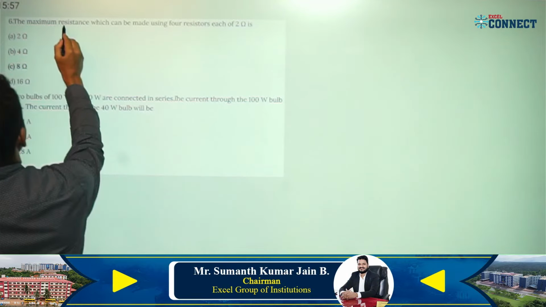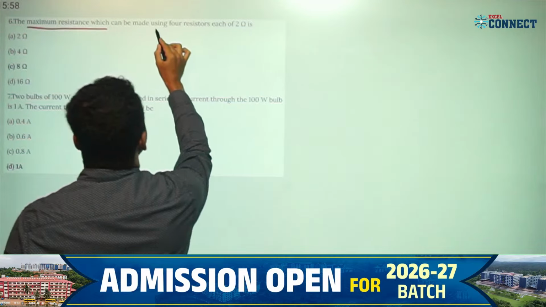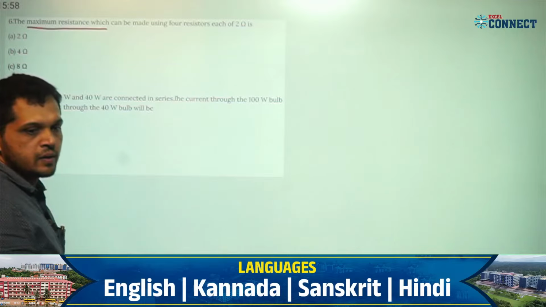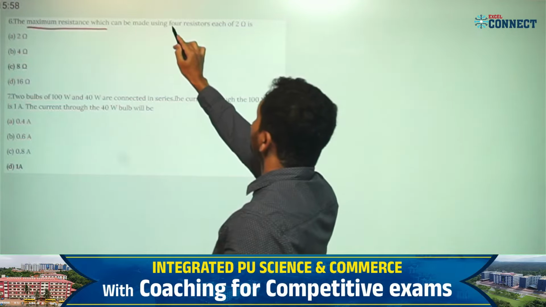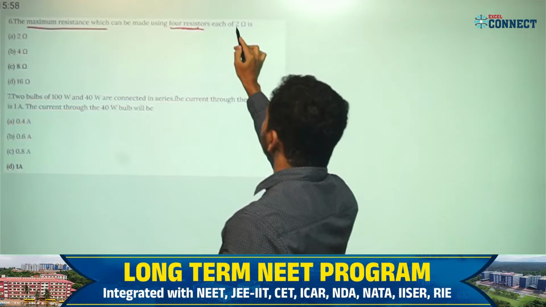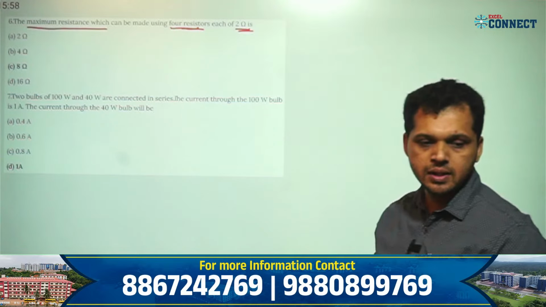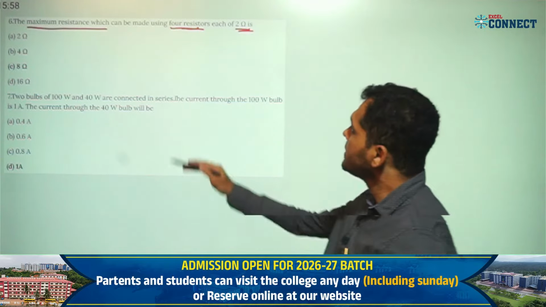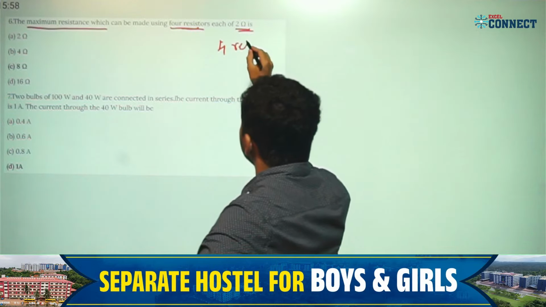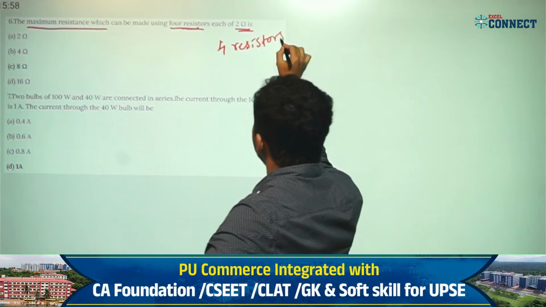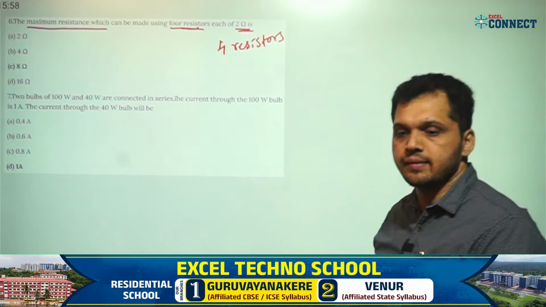The maximum resistance which can be made using 4 resistors, each of 2 ohm. What is the maximum possible value of resistance?